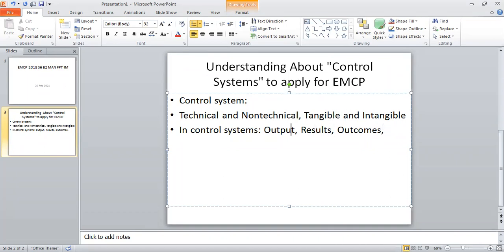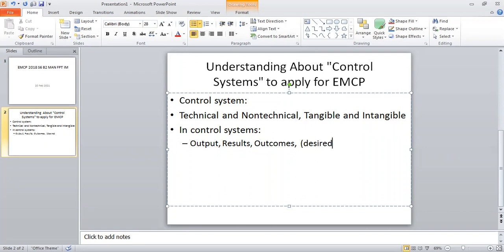So this is one of the keys. There should be outputs. So we have this output. We call it desired output, means what we are expecting, expected output, desired or expected. So to have this, we create the cause.